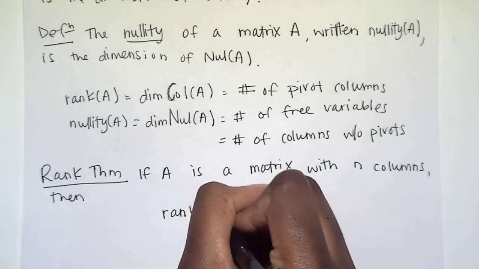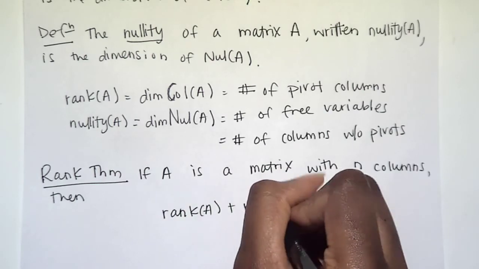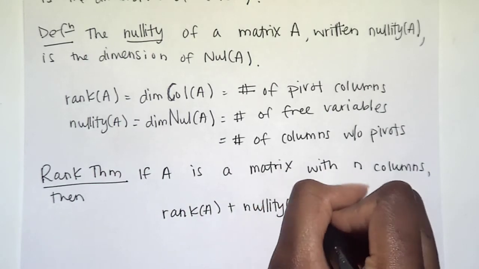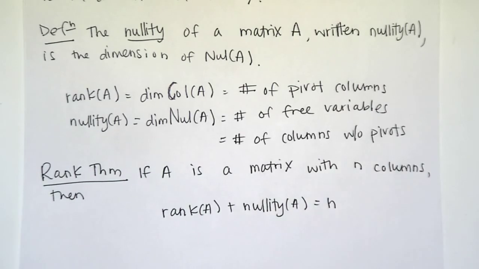The rank of A plus the nullity of A equals n. So rank plus nullity equals the number of columns. Number of pivot columns plus number of non-pivot columns equals the total number of columns in our matrix A. And that is the rank theorem.